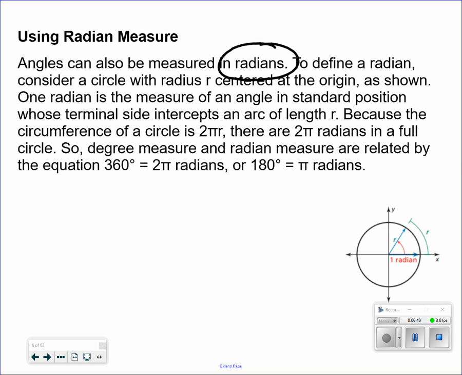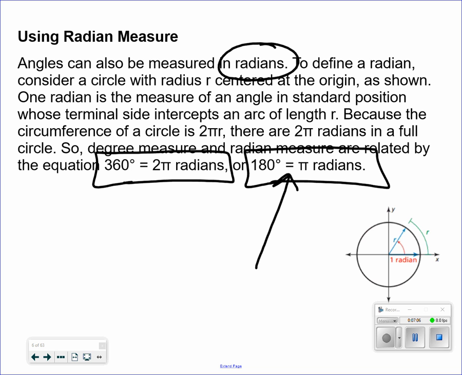Because the circumference of a circle is 2 pi r, there are 2 pi radians in a full circle. So the degree measure and radian measure are related by the equation 360 degrees is 2 pi radians. Circle this if you have notes printed out on this. This is your conversion right here if you want to go from degrees to radians: 180 degrees equals pi radians.